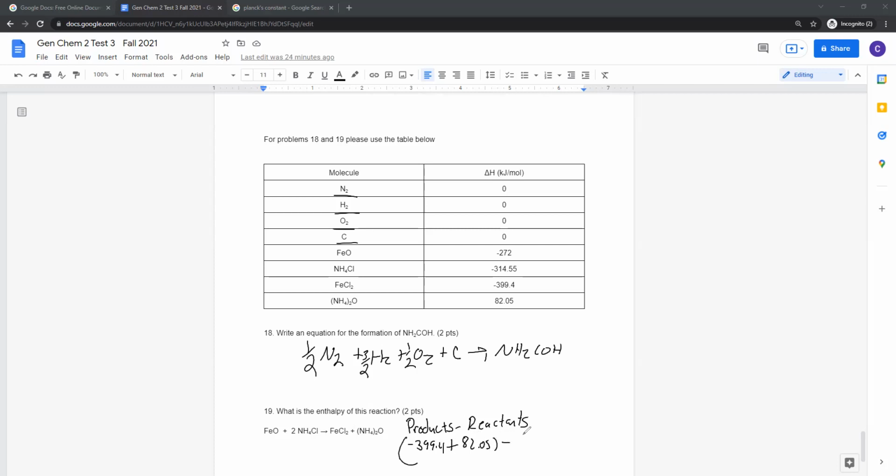And I'm going to subtract that from my reactants, Fe minus 272 plus, now I have a 2 here, so I have to multiply my next number by 2. Then NH4Cl is negative 314.55.